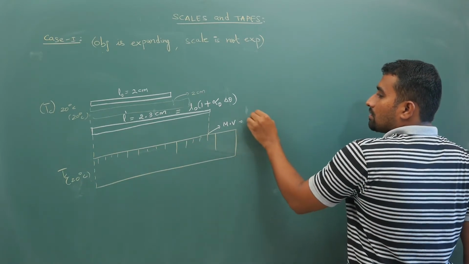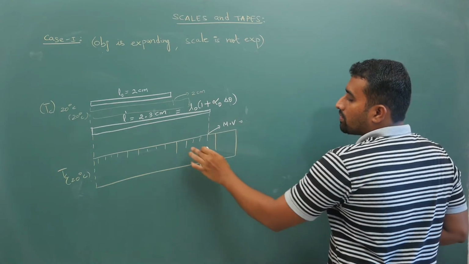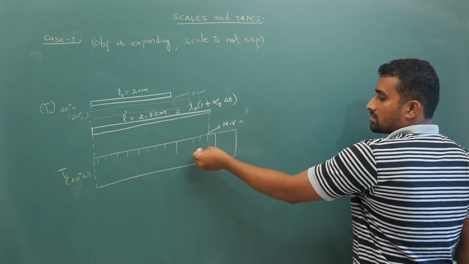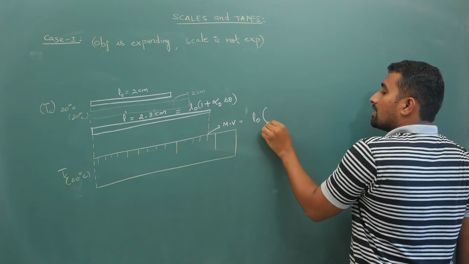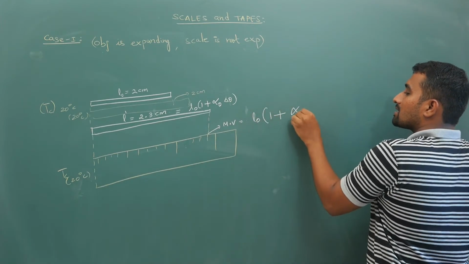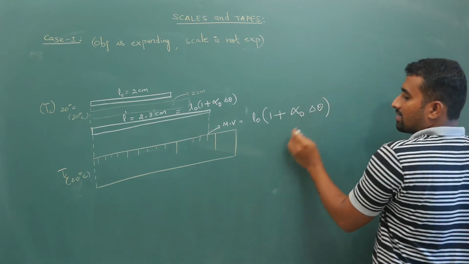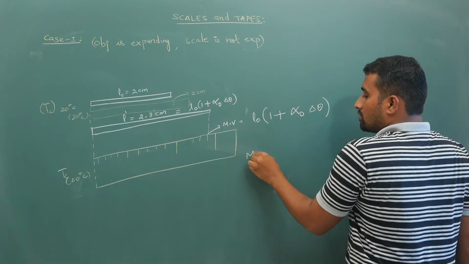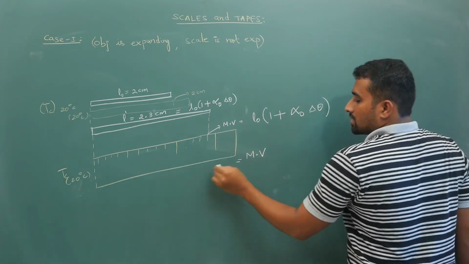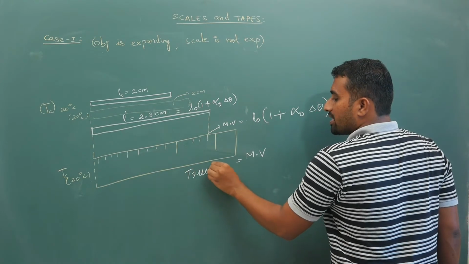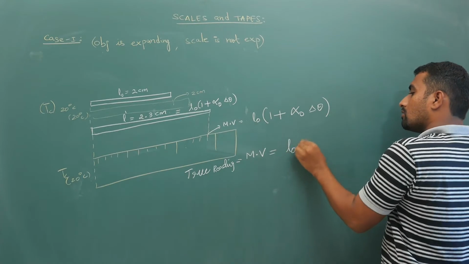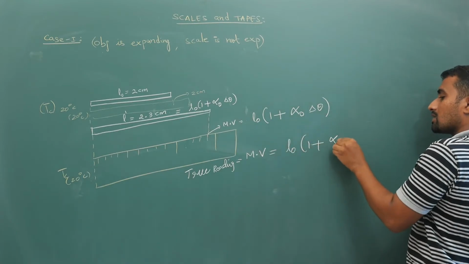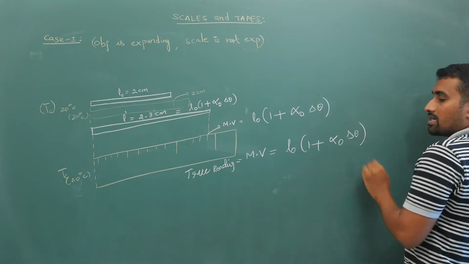Don't look at the number of lines, I just randomly put some dotted lines. Your measured value in this case is also your true reading, which is equal to L0 times 1 plus alpha of object into delta theta.